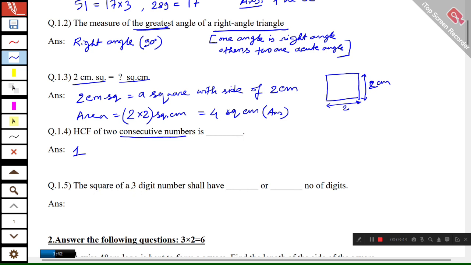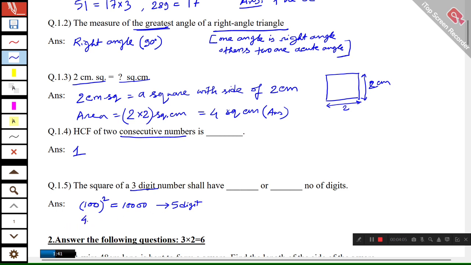The square of a 3-digit number shall be. So for a 3-digit number, suppose 100. The square of 100 is 10000, so 5 digits. Similarly, we can consider a large 3-digit number.